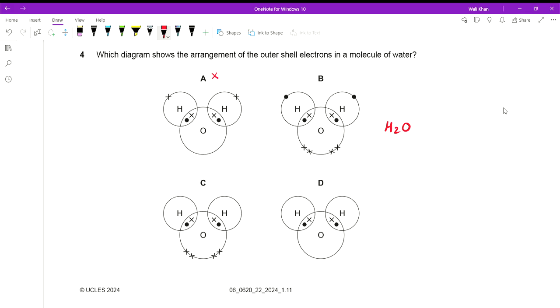Here they show, but electrons arrangement in hydrogen is incorrect. D, there is no outer shell electron showing in this diagram. Option C is correct because it fully shows the arrangement of electrons. So its option is C.